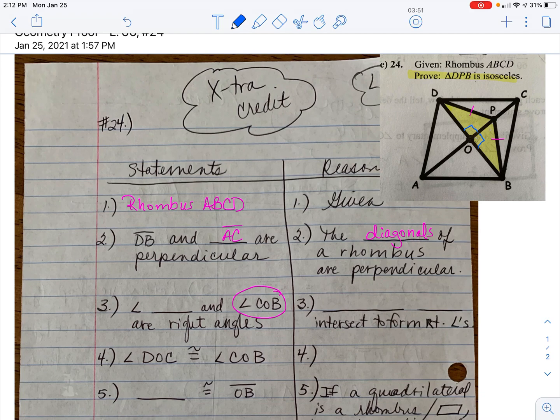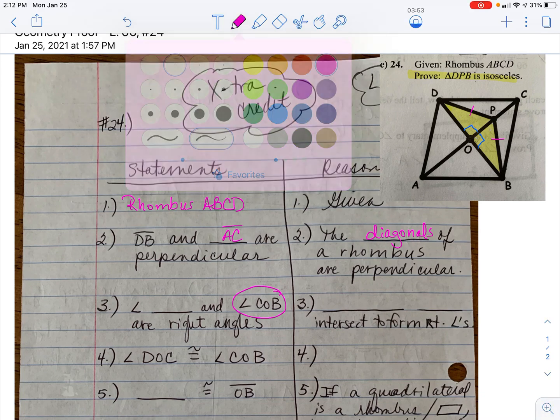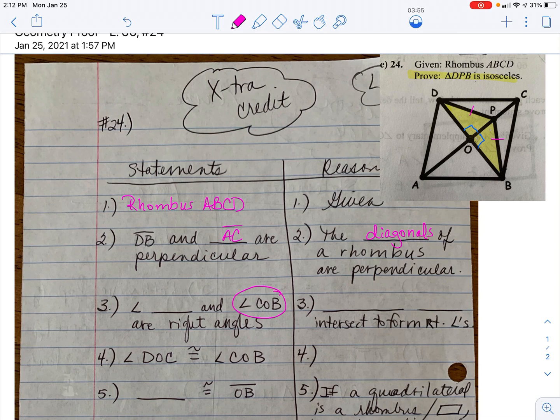All right, so what did I mark? I marked CDO? No. Sorry, DOC. So DOC and COB are right angles. And why is that? Well, like we stated earlier in step number 2, perpendicular lines intersect to form right angles.